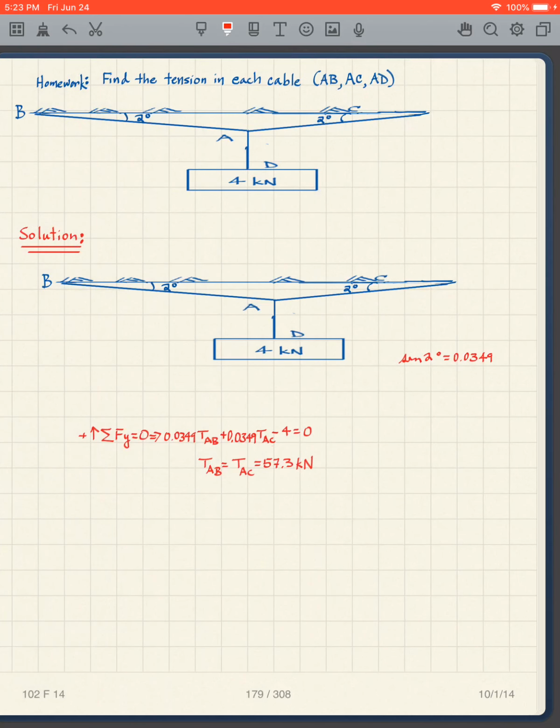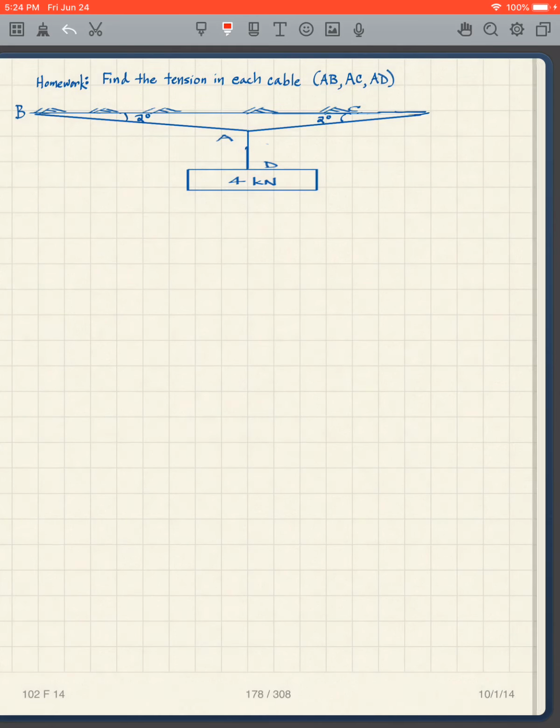We don't have to draw it out so much because we just get this equation where TAB and TAC are equal, using the sines and cosines of our angles. I guess we only really need to use the sine in this case because the cosines tell us that TAB and TAC are equal. So now we get 57.3 kilonewtons.